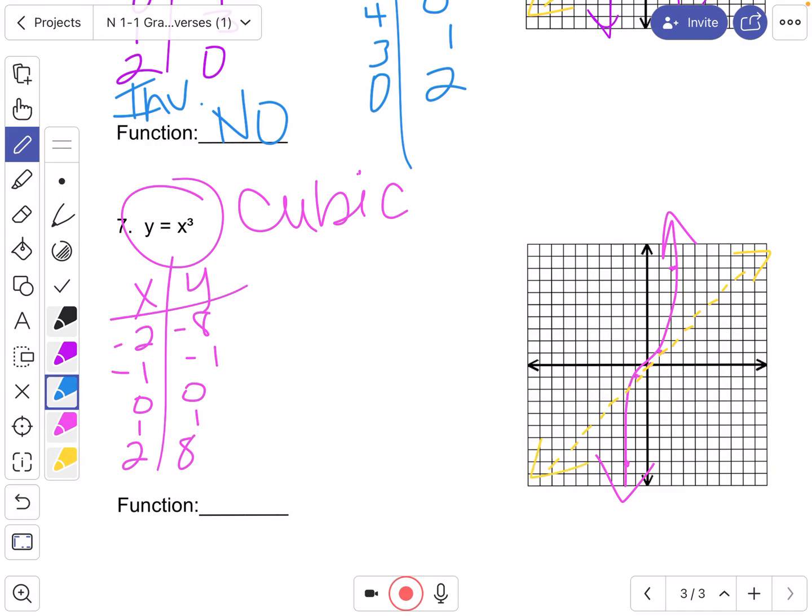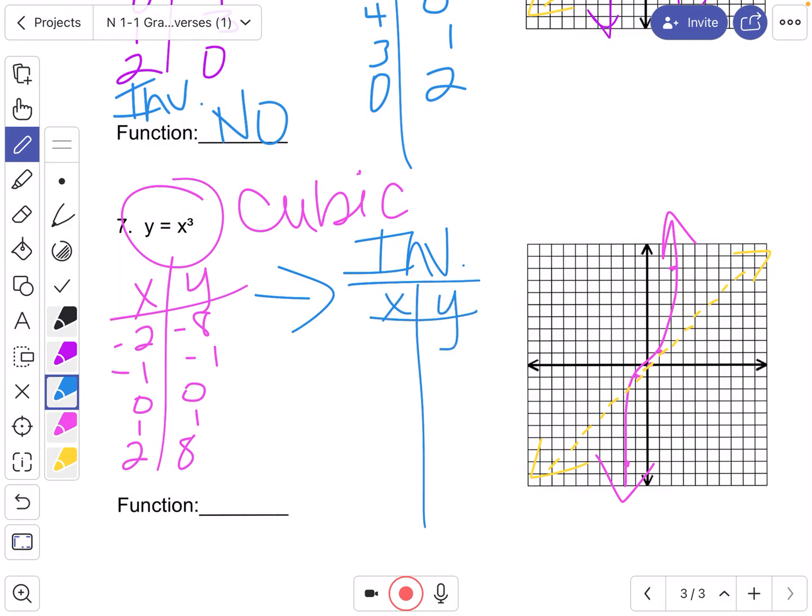And then we're gonna find our inverse by doing the same thing as we've done the whole lesson, just switch your x and y coordinates. So -8, -2, -1, 0, 0 stays the same. So does your 1, 1, and then 8, 2.